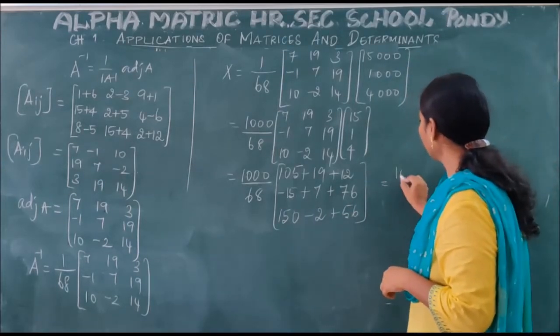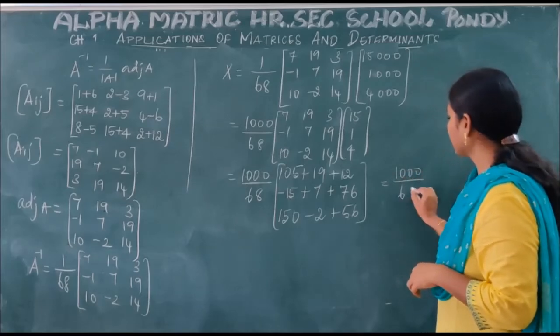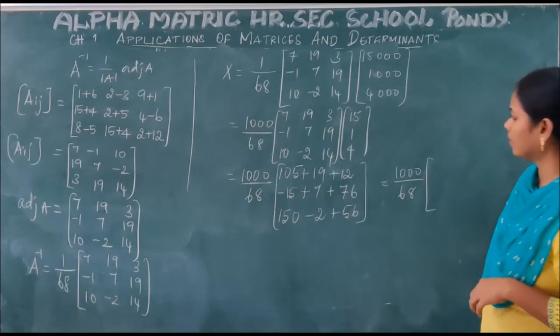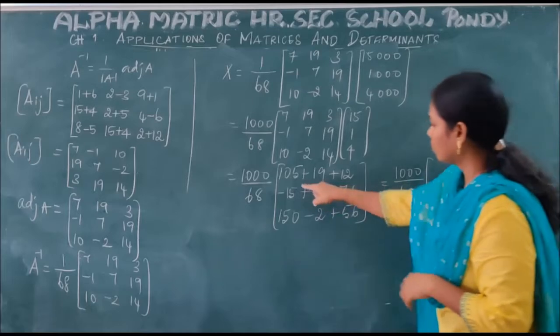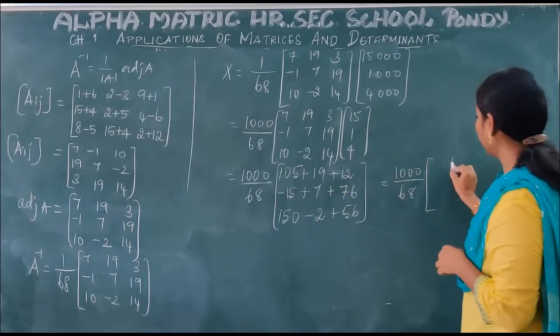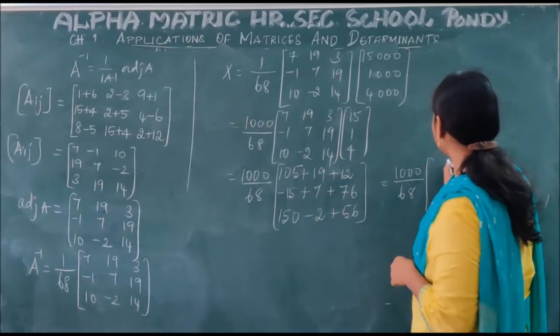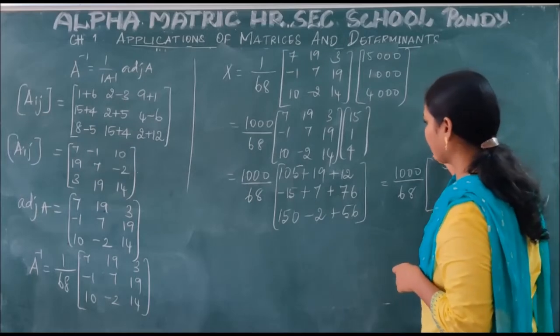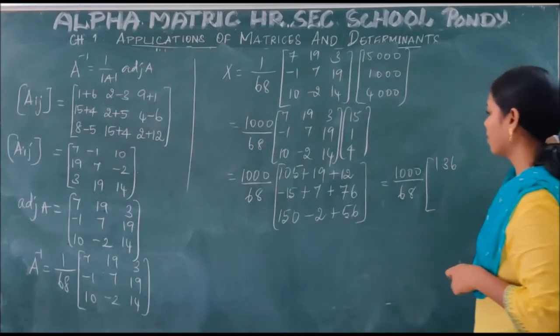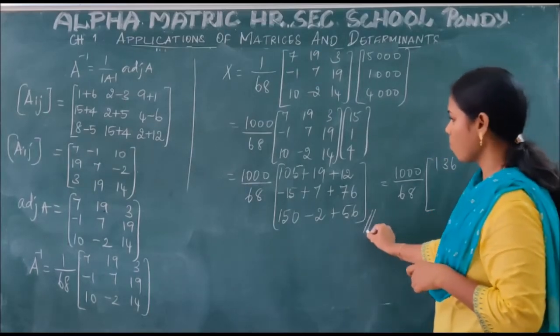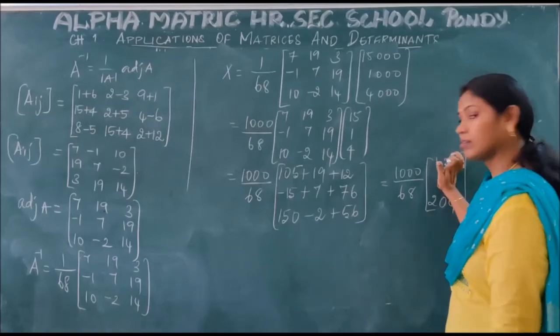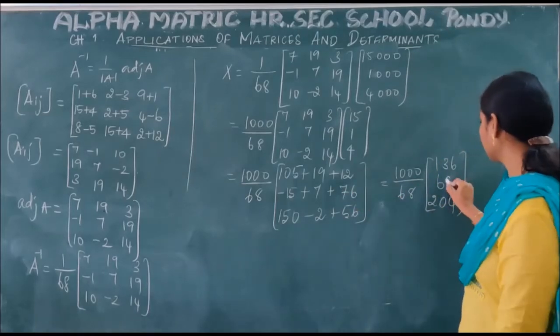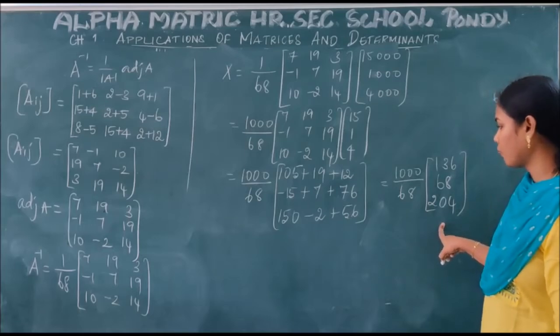So this is equal to 1,000 by 68 of 7, 16, 3, 1. So this is 68 and 204.